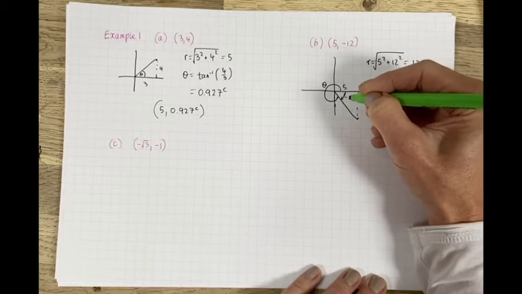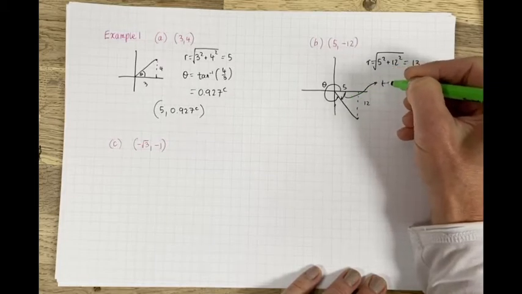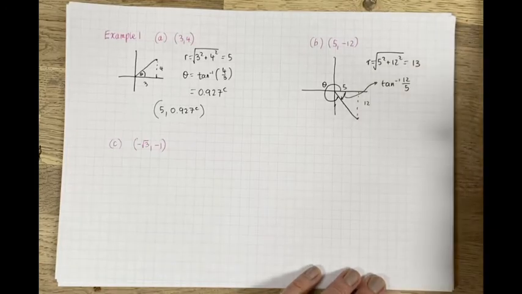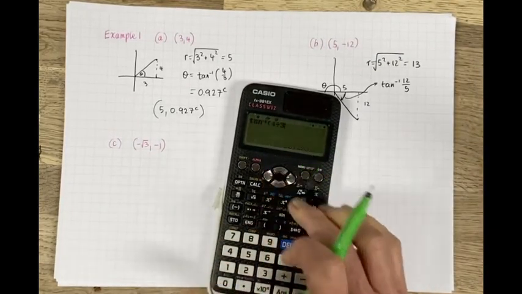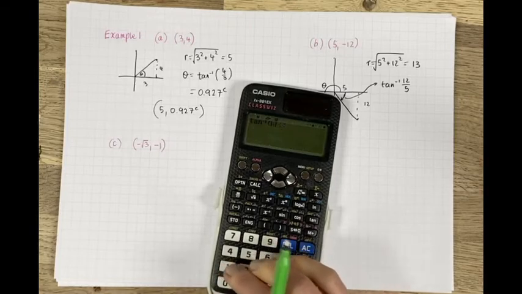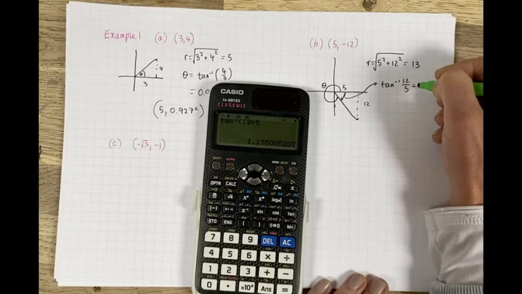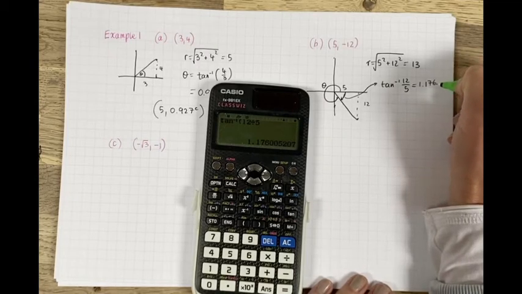Theta: let's find this angle first of all. This is going to be tan inverse of 12 over 5, which is 1.176.